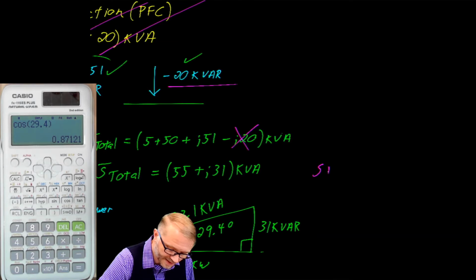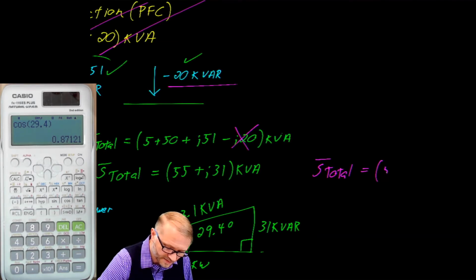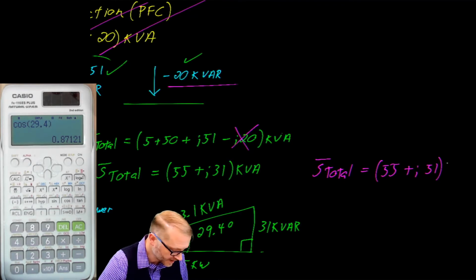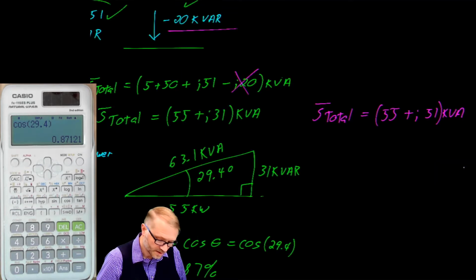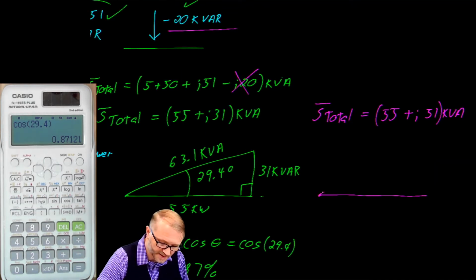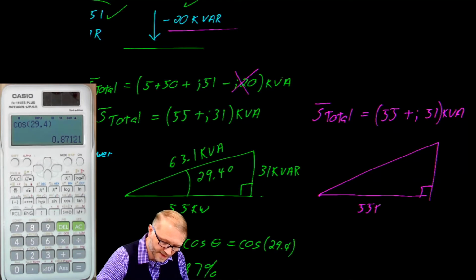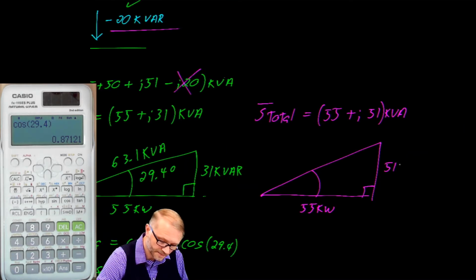Our new S total becomes 55 plus J51 kVA. The power triangle looks like this. We have the same 55 kW here. The angle is now different though. So this is 51 kVAR.